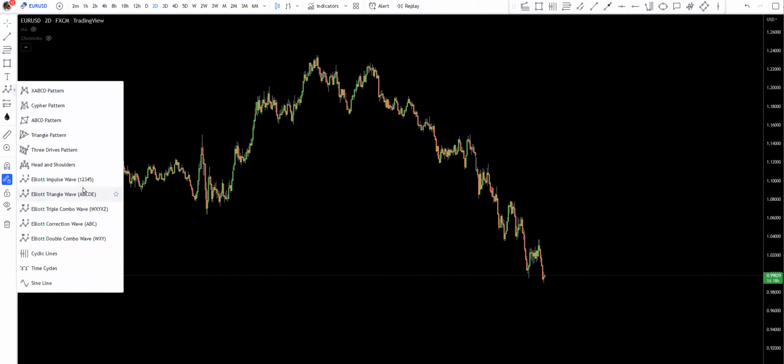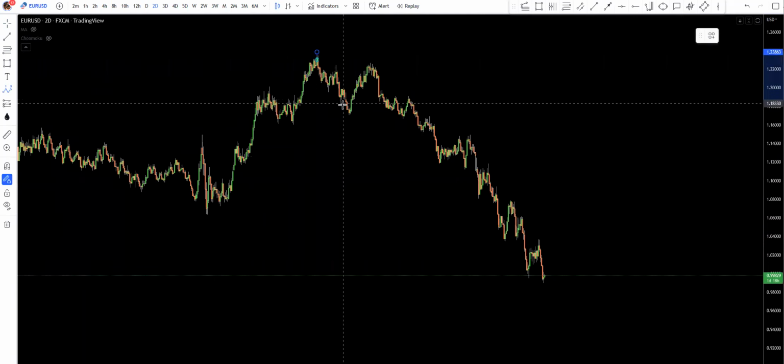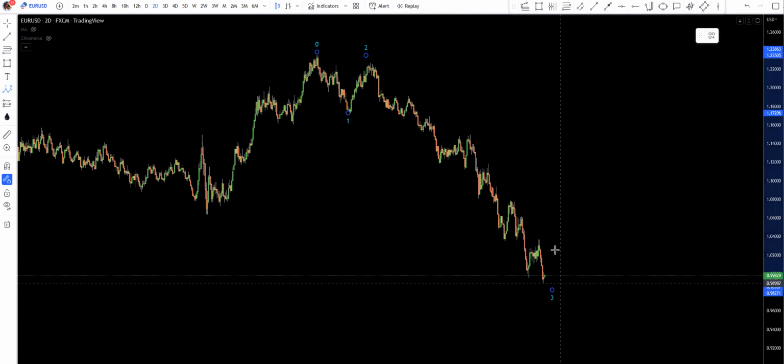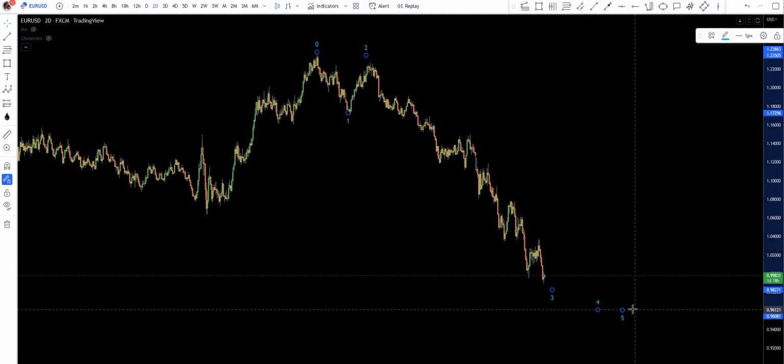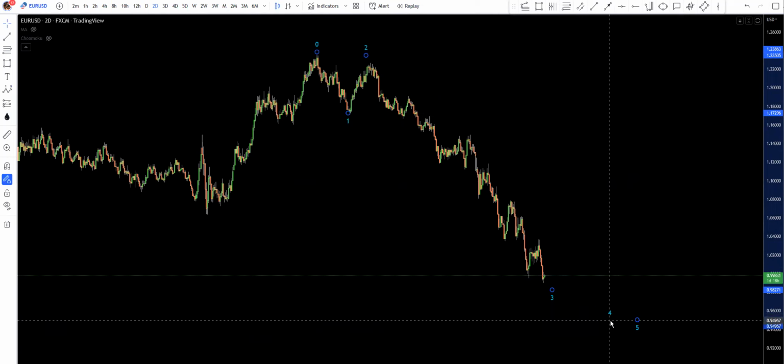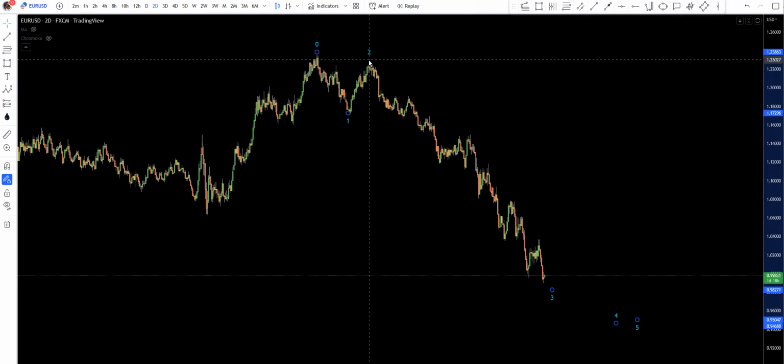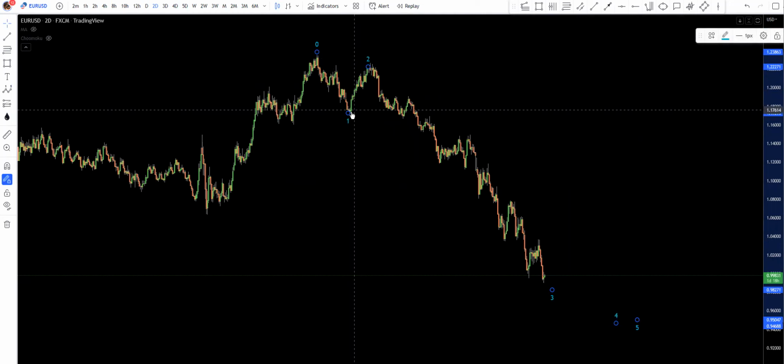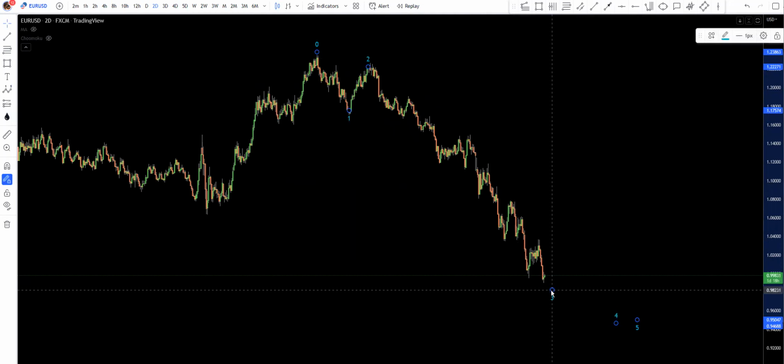The wave count for this at the moment is still first, second, third, fourth, fifth. This is the current wave count. Just align everything.